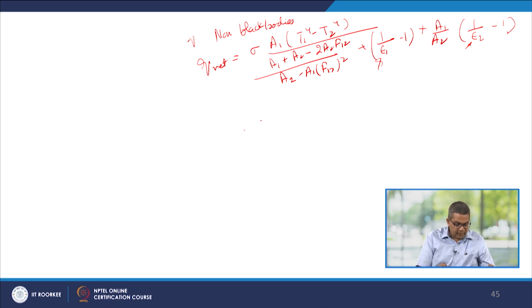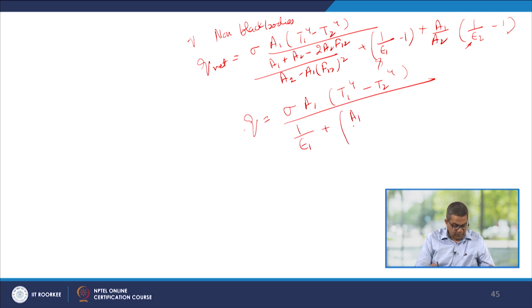For a special case of infinite parallel planes, Q is equal to small sigma A1 (T1 to the power 4 minus T2 to the power 4) over [1 over epsilon 1 plus A1 over A2 into (1 over epsilon 2) minus 1].